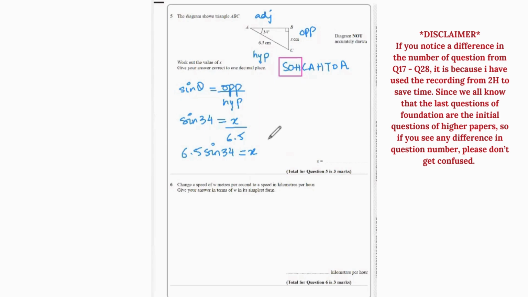So basically, just remember that whatever you're trying to find the value of, you have to make that the subject of the equation. And while you're trying to make that the subject of the equation, you will automatically realize what you're supposed to do. Are you supposed to cross multiply? Are you supposed to divide? Or are you supposed to take the inverse? So now if we do 6.5 times sine 34, that equals 3.6, correct to 1 decimal place. That's your value of x.